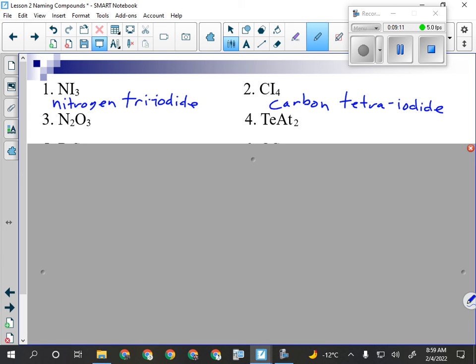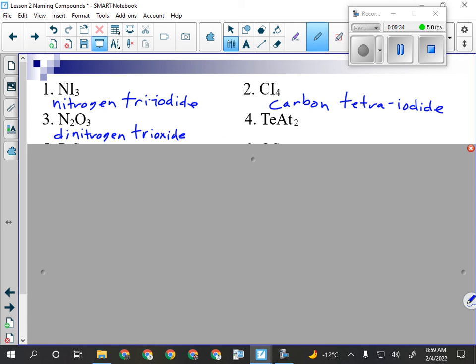And then for our third one here, we've got 2 nitrogens, so now we do need a prefix on the first one. So we'll have dinitrogen. What are we going to have here? Trioxide, right?